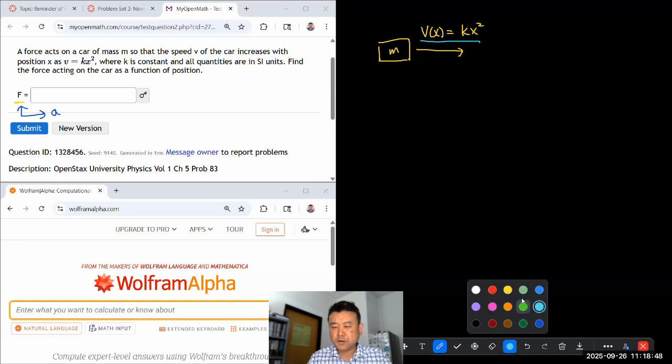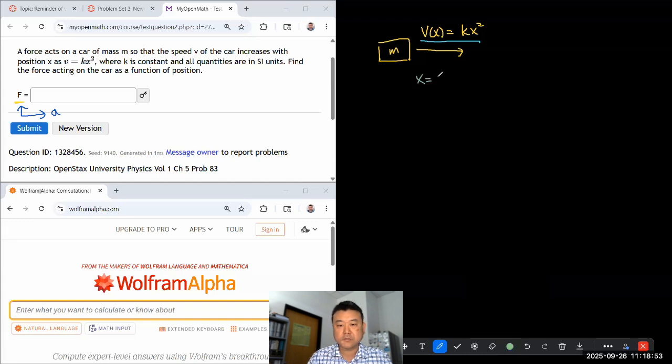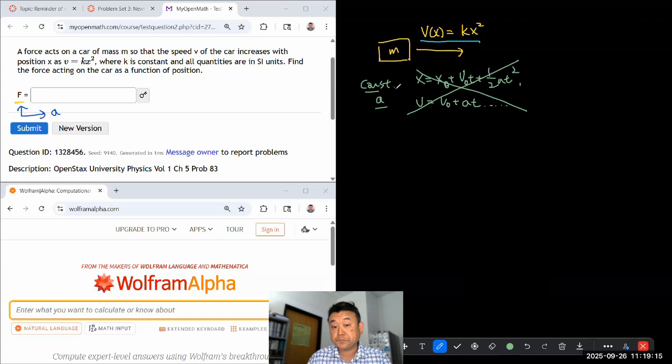And if you're thinking of any of the kinematics equations, like, x is equal to x naught plus v naught t plus 1/2 at squared, v is equal to v naught plus at, I hope you very quickly realize that none of these are applicable, because these were the formulas for constant acceleration.